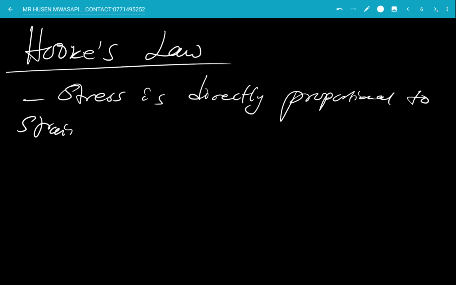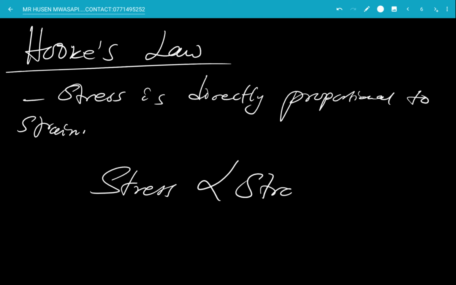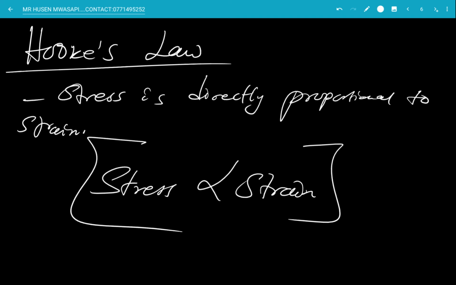Strain. That's what Hooke's law states. So now stress is in direct proportion with what? Strain. Simple as that.